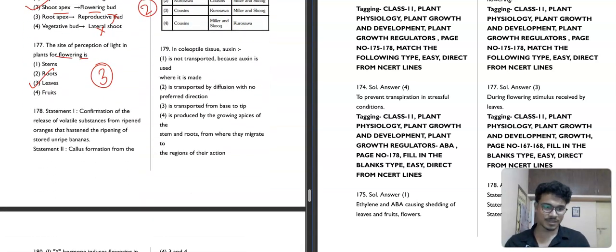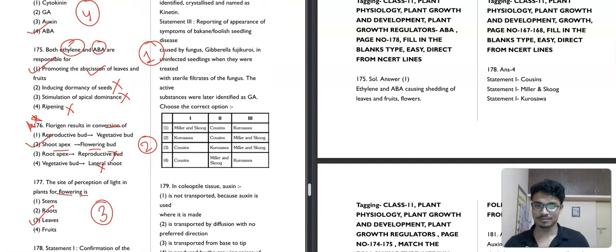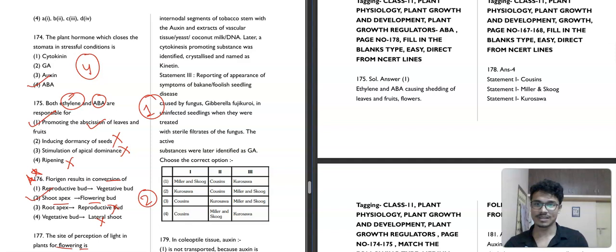Then we have a statement based question. Let's see what it is saying. The first statement is about the release of volatile substances from ripened orange that hastens the ripening of stored unripe banana. Statement second, callus formation from the internodal segments of tobacco stem with auxin and extracts of vascular tissue, yeast, coconut milk, DNA.